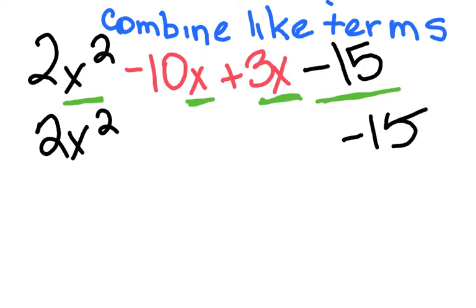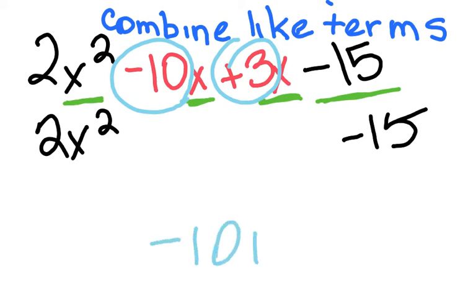So here's the tricky part. We're looking for the coefficients that go along with X. In other words, what are the numbers that are with the X? So we have a negative 10 and a positive 3. Grab your calculators. It's just plain old integers.